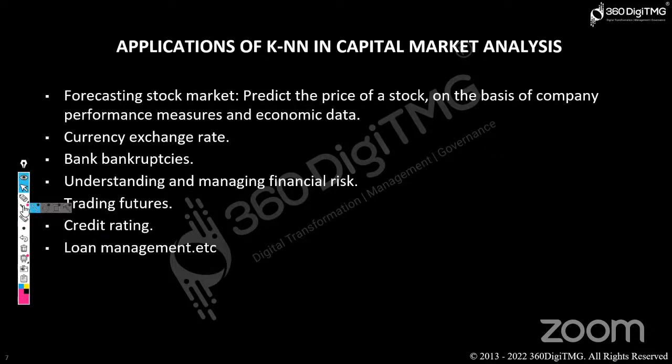One is that we can use KNN to forecast the stock market, to predict the price of a stock on the basis of company performance measures and economic data. We can also try to find out the currency exchange rate. We can also find out bank bankruptcies.